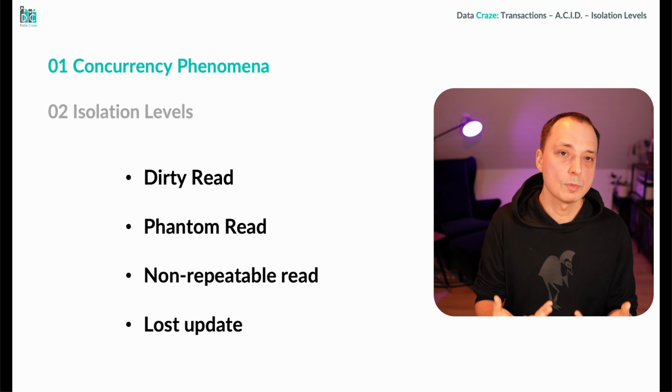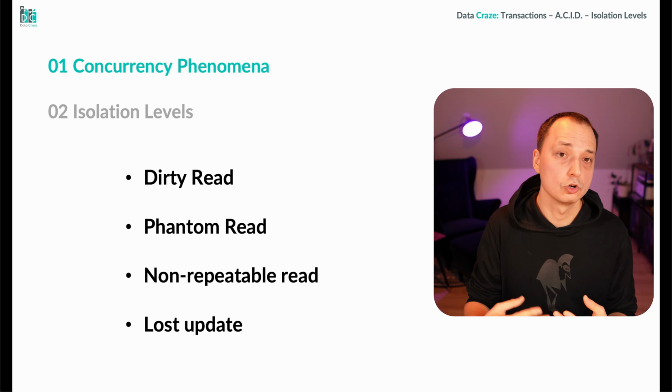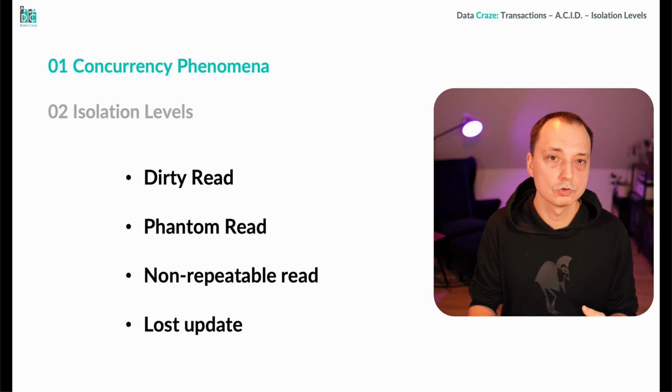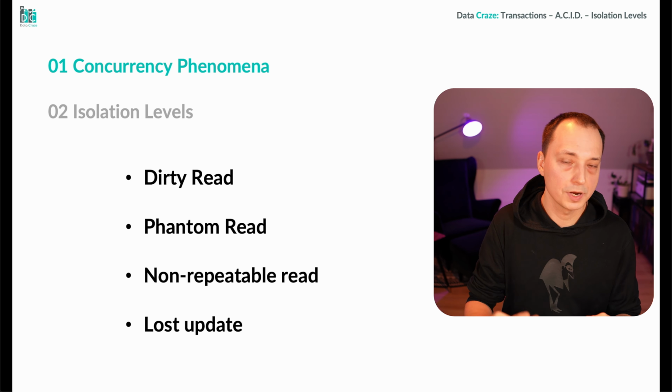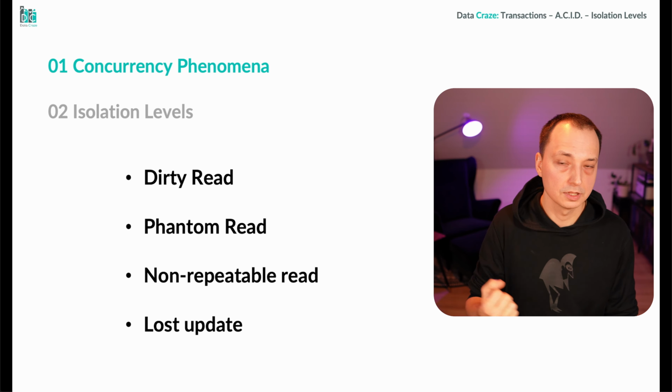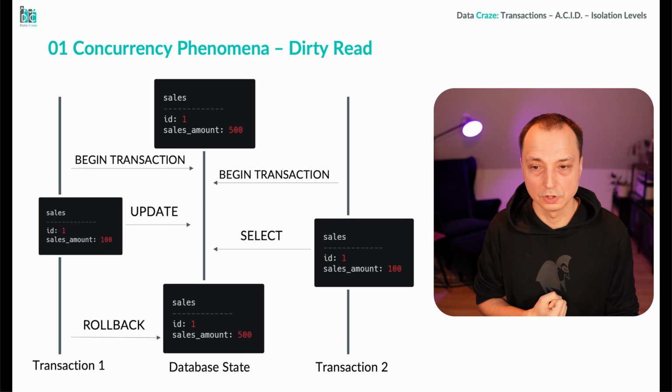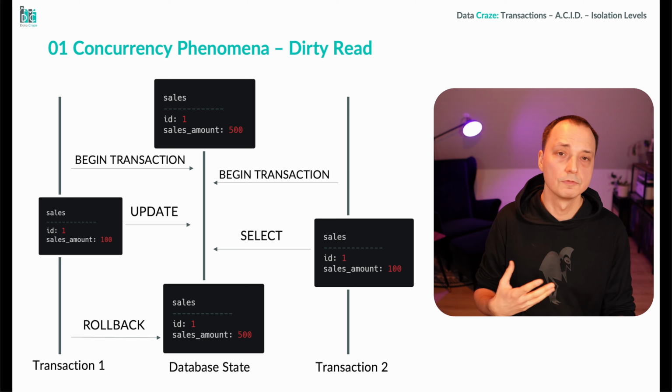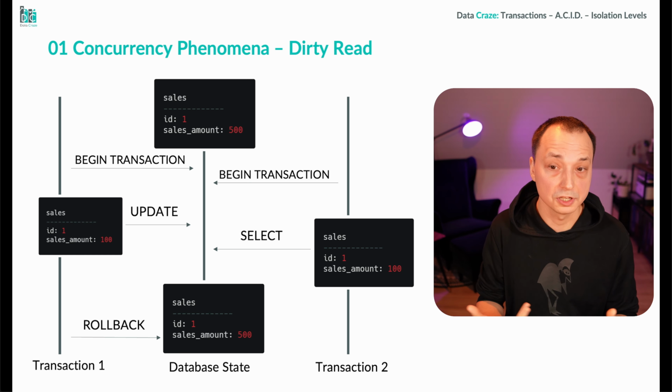Some databases use one, or you can select which one you would like to choose based on your current operations. In general, let's walk through all of them, and let me explain the details. So, phenomenon number 1, called dirty read.